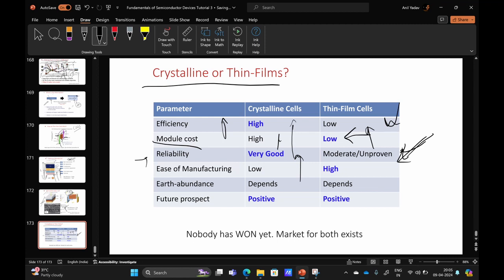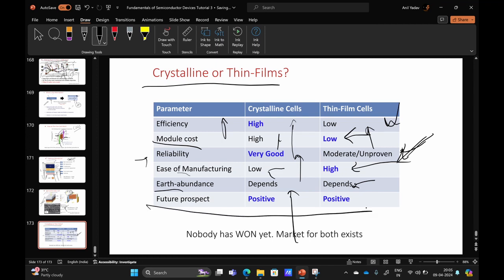Ease of manufacturing is low for crystalline, while thin films can be manufactured very easily. Earth abundance depends on the material: crystalline solar cells are made from silicon, from the soil, and for thin films it depends on which material we use. There are several materials we can use.